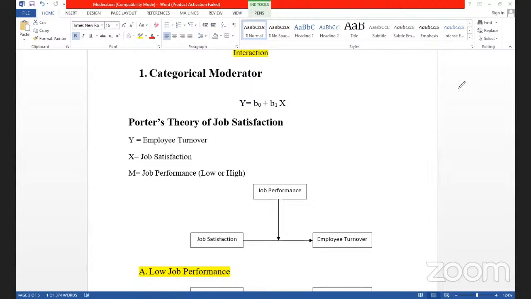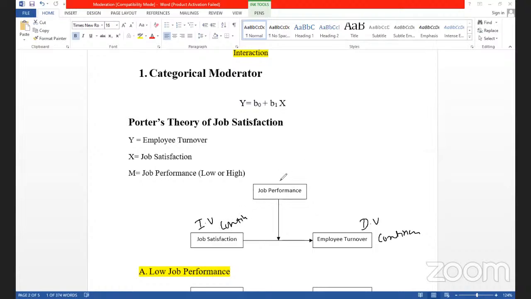So there are three types of variable. Employee turnover: high employee turnover means maximum people leave the job during a particular year. So it is a continuous variable. I told you the DV will always be continuous, or metric. Now job satisfaction is the IV, and it is continuous.